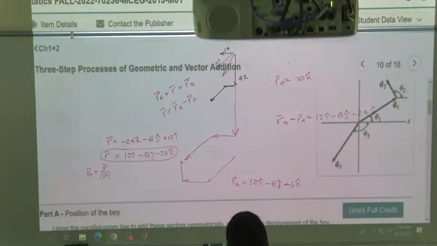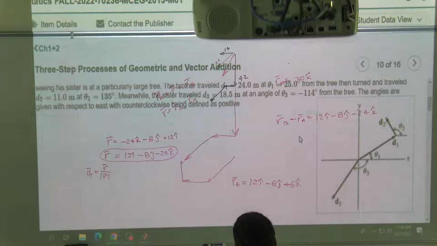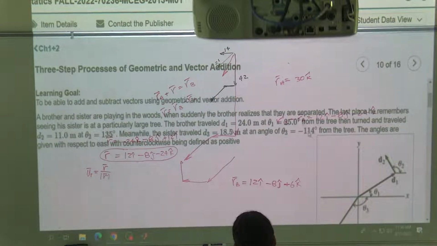Okay, so brother and sister are playing in the woods, and suddenly they're separated. The last place he remembers seeing his sister is at a particularly large tree. The brother traveled D1 from the tree, and turned and traveled D2.